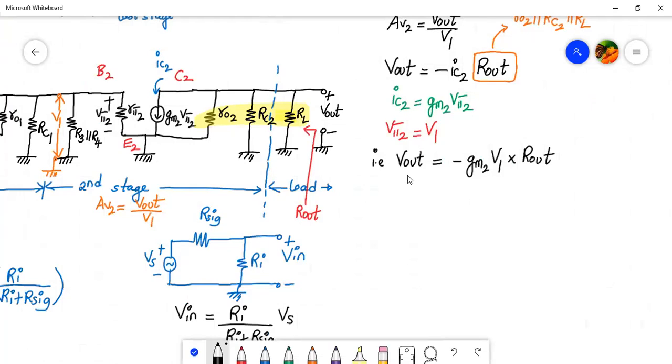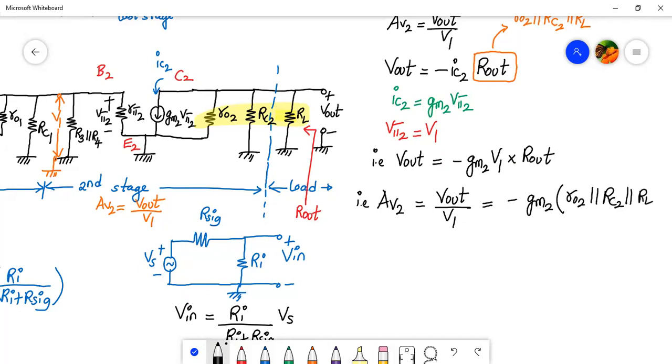So now, AV2 is V out upon V1, which is equal to minus gm2 into R out. And what is R out? RO2 parallel to RC2 parallel to RL.